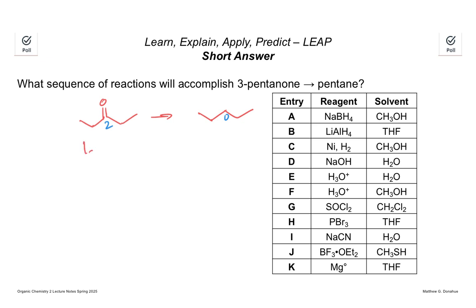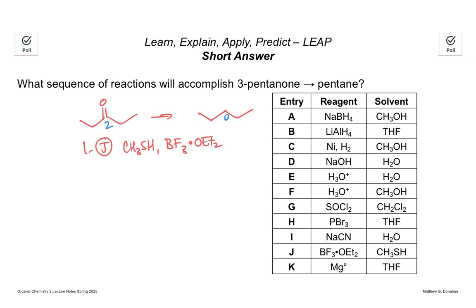So step 1 would be conditions J. So that uses the methane thiol. And that acid that's shown, that's a Lewis acid. It just behaves the same way as the Bronsted acid.